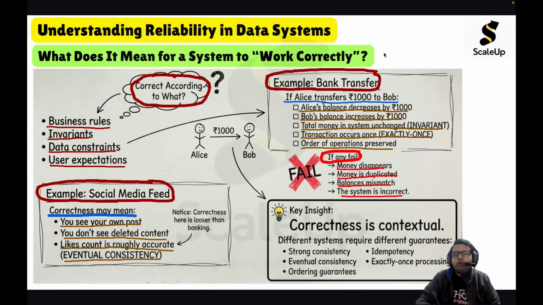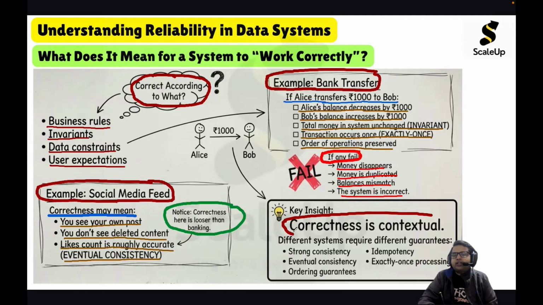One very important observation is that in social media, correctness is looser than banking. We are okay with a roughly accurate like count, but in a bank transfer correctness is very strict. There is no scope for error, but in a social media feed, some data inconsistency or stale data is bearable. So correctness is contextual.